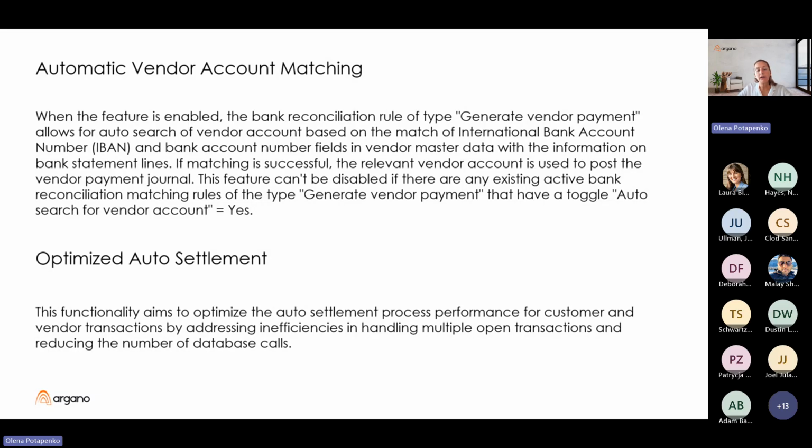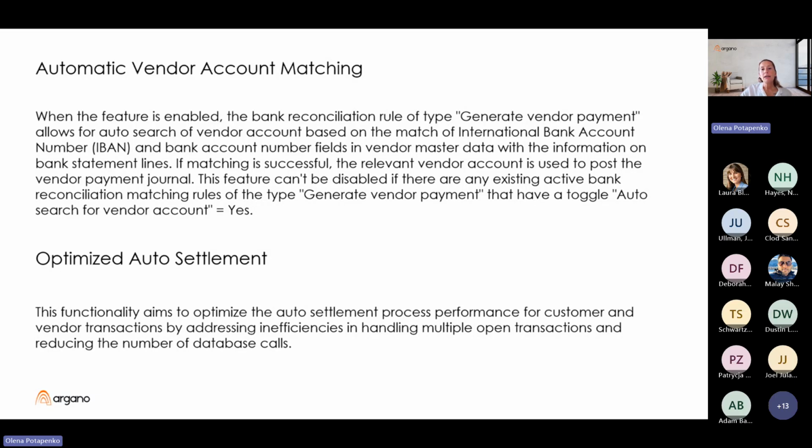And then, I can't say that it's really critical, but if for some reason you want at some point to disable this feature, this feature can be disabled only if there are no existing active bank reconciliation matching rules of the type generate vendor payment that have the toggle auto search for vendor account set to yes.